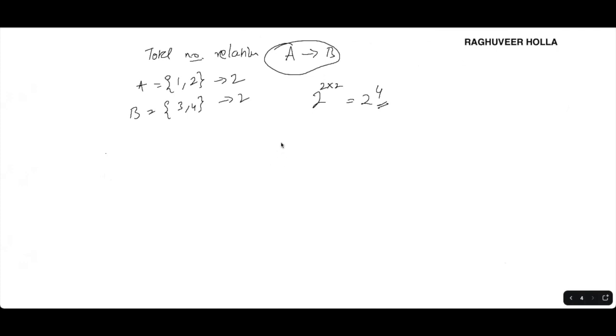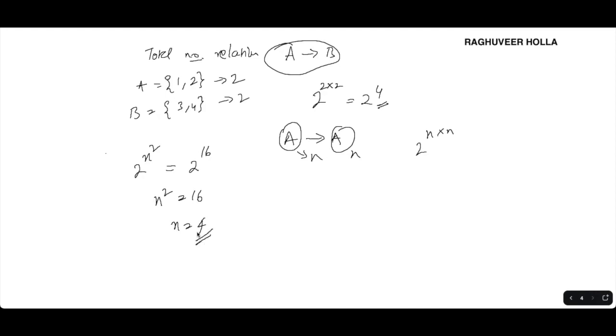Here we know that the total number of relations on a finite set having n elements is 2 to the power of n times n, since A to A, where A has n elements. So this is 2 to the power of n², which is equal to 2 to the power of 16. So n² is 16, or n is 4. So this is the answer.